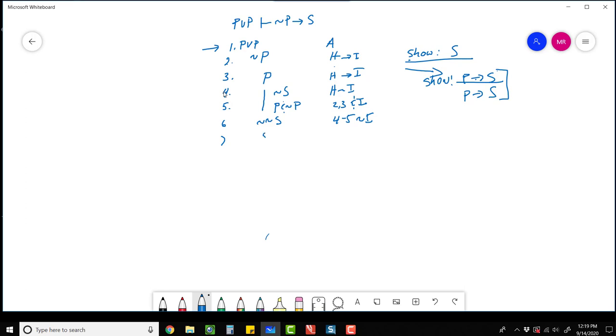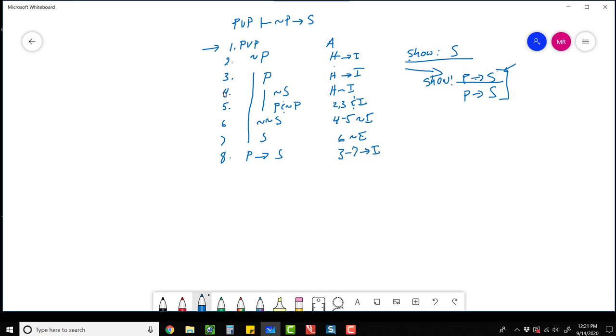And then, of course, you're just going to go to S through 6 and negation elimination. And then you have what you were trying to get before, which is if P then S. We're removing our second hypothesis now. Remember, we have to do this in reverse order. So that's 3 through 7, conditional introduction.